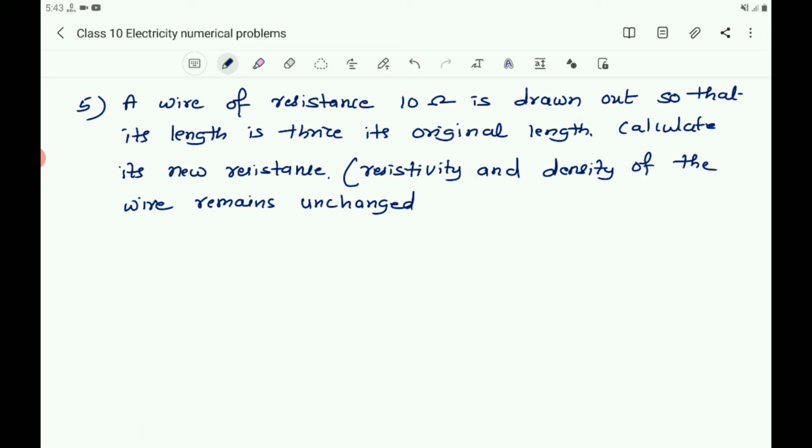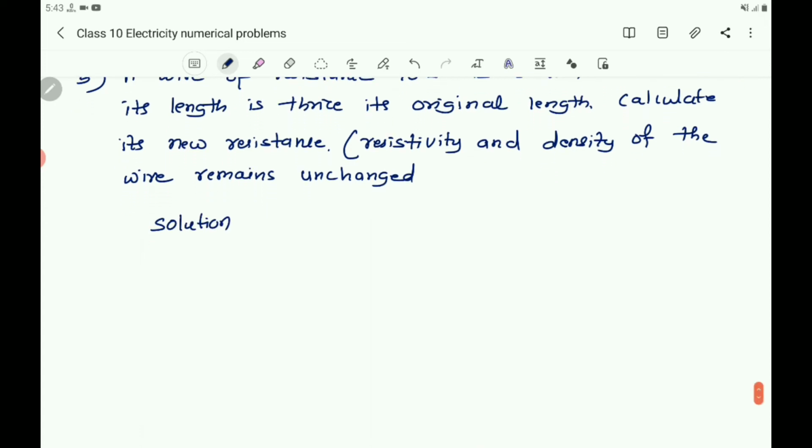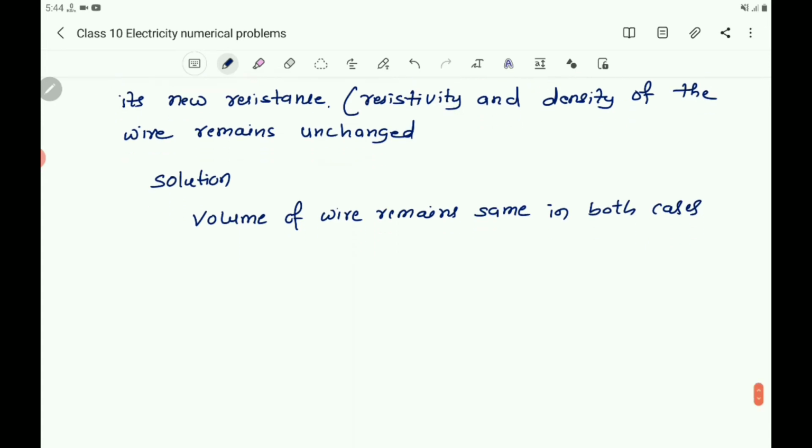You take the solution. The volume of wire remains the same in both cases. Then you take again the same formula for volume.